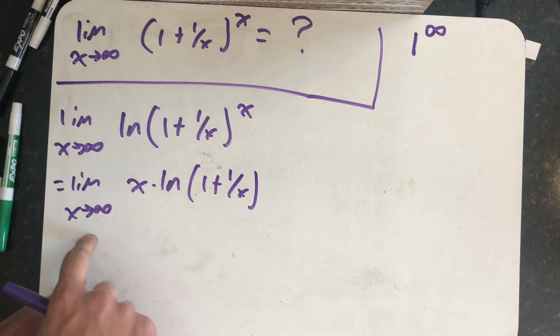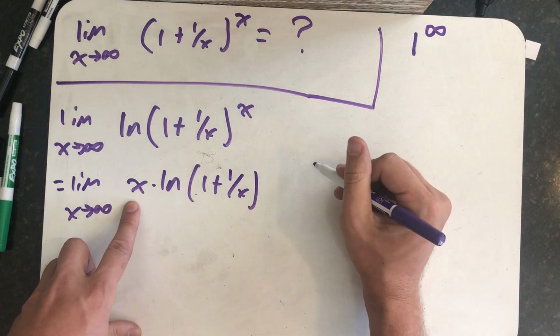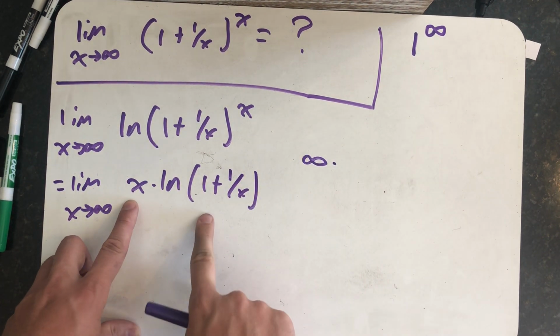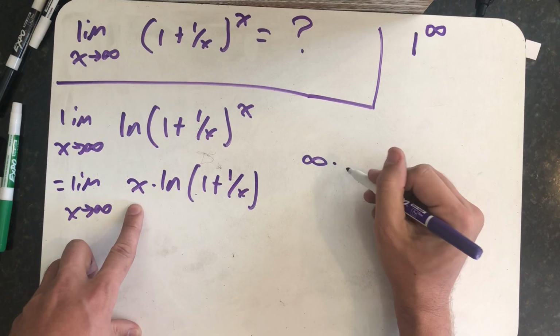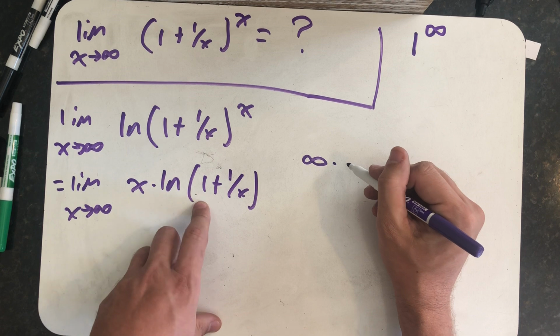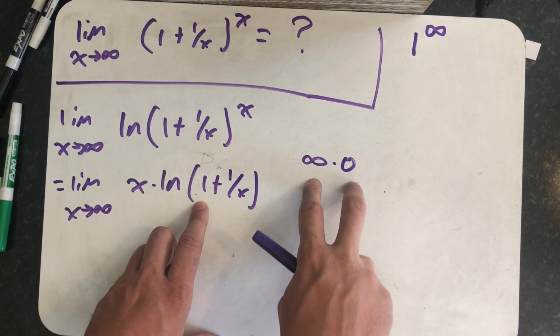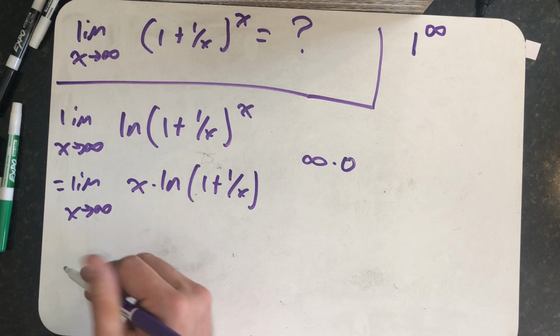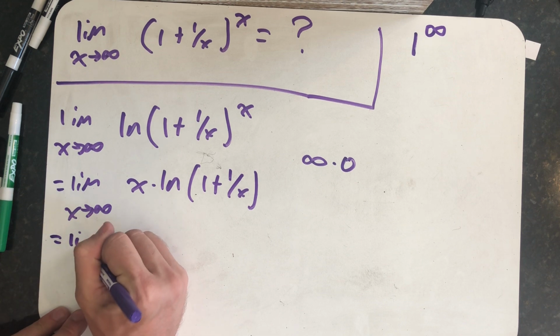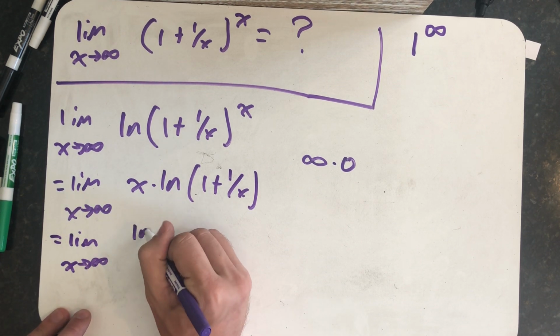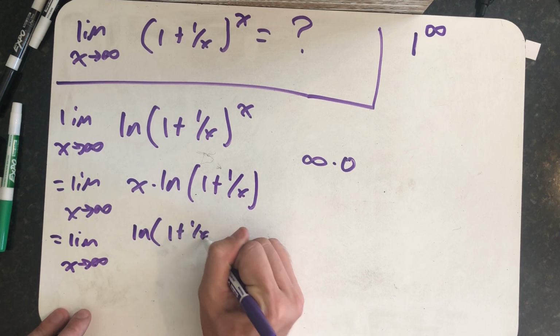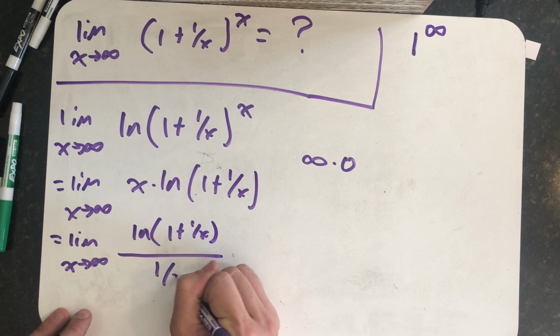And now what I have is x goes to infinity. Well, x is becoming infinite. The natural log of 1 plus 1 over x, that part's going to 0. The natural log of 0 is 1. Excuse me, the natural log of 1 is 0. This is an infinity times 0, which I can then rewrite as the natural log of 1 plus 1 over x all over 1 over x.